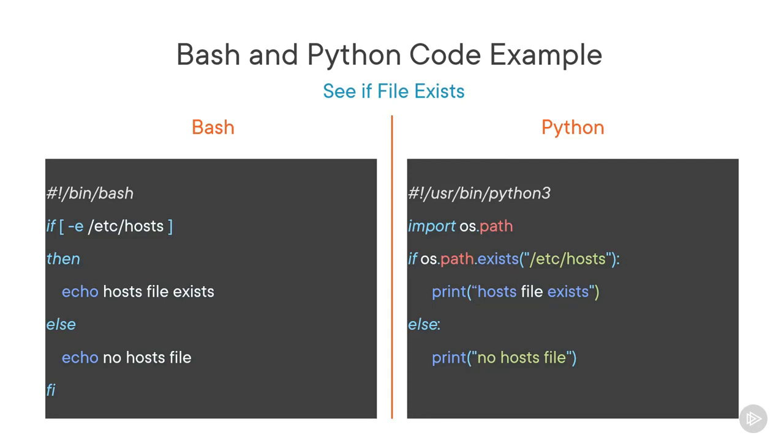And then we're looking for that host file to see if it exists. If it does exist, then it's going to print that the file exists. If it doesn't exist, then it's going to print that it doesn't exist. So you can see that the syntax between these two are somewhat similar. There's a little bit more involved with Python to accomplish the same task, but it's pretty straightforward as well.